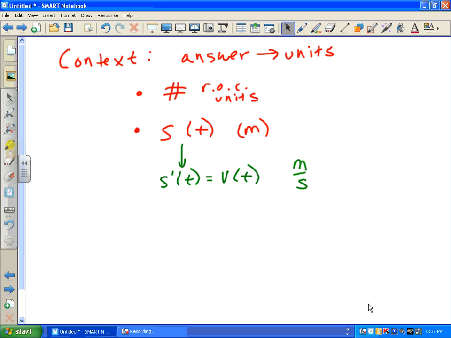AP has a tendency to use other units. They will use feet. You will see hours as well. Typically, these will be contextual problems that we can't make up off the top of our head. So be prepared for anything. Be prepared to use your slope units as the units for your derivative.